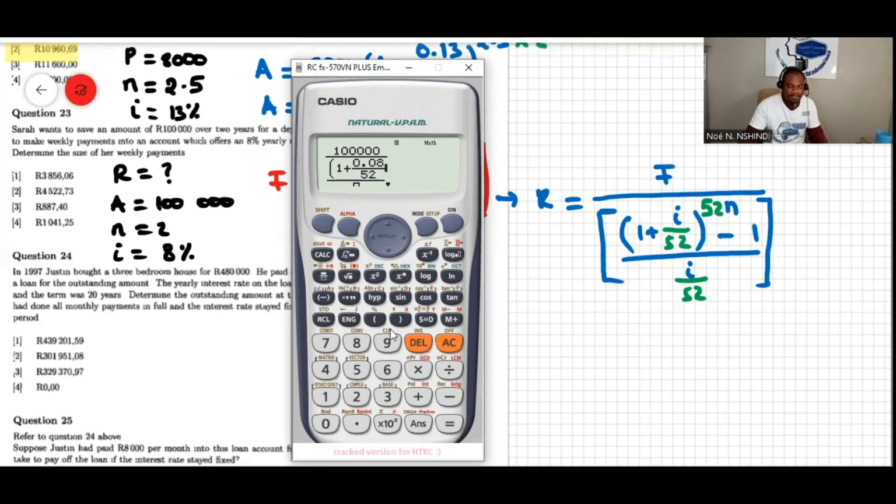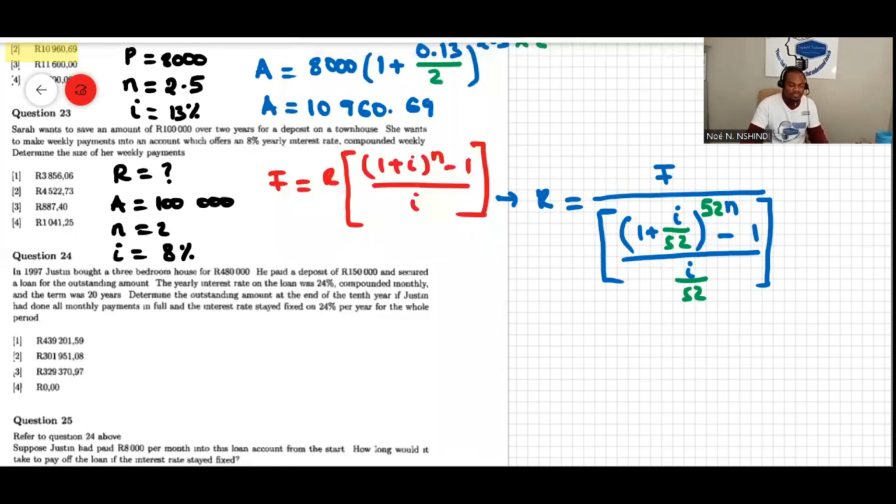Then close, raised to the power of 52 times 2, because 52n, minus 1, over i, which is 0.08 over 52. When we hit equal, we get 887.40. So this is the weekly payment. So the correct answer is alternative 3.